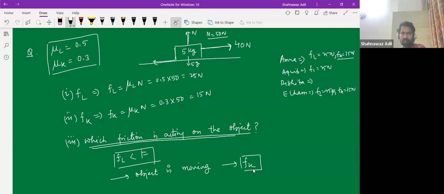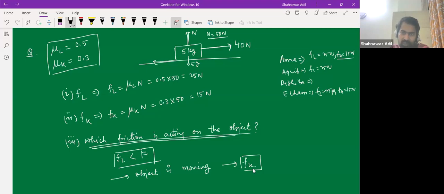Yes, sir. Okay, and if I ask you what the acceleration is, can you calculate that? Because the object is moving, right? Whenever the object is moving, then we have acceleration.